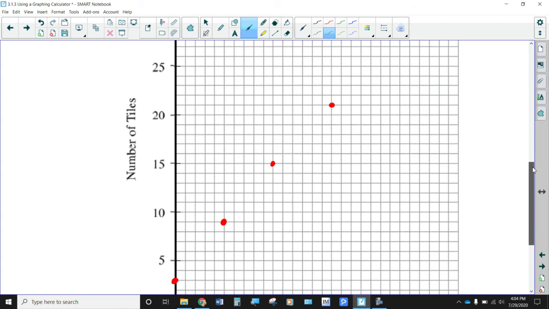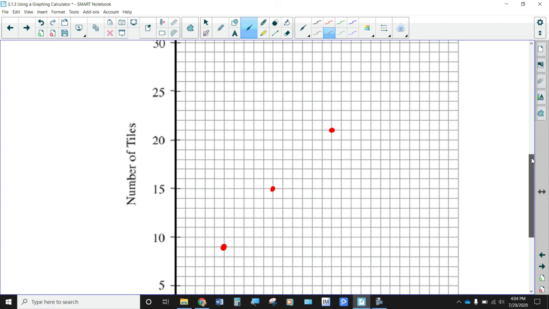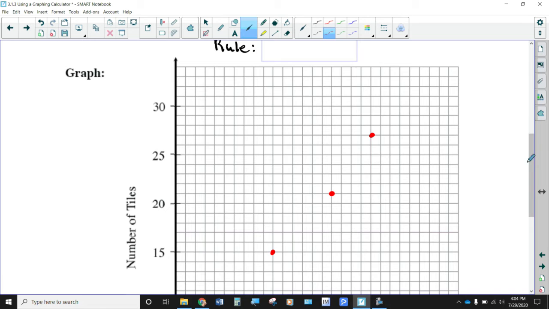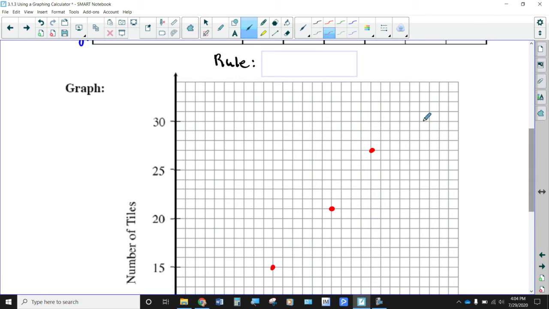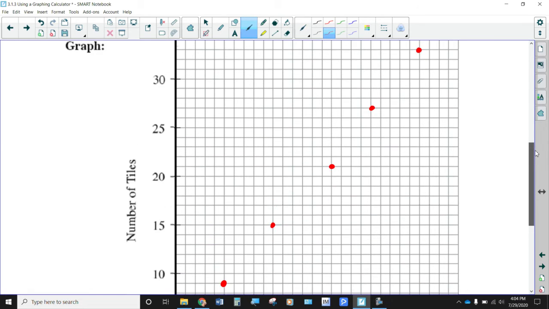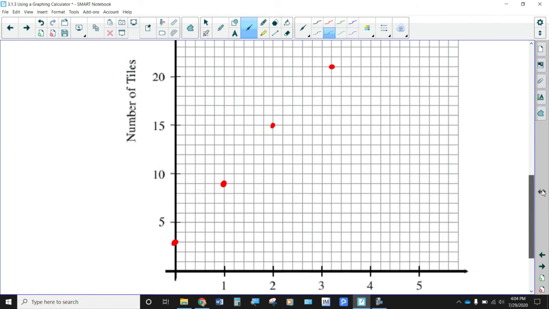Figure 4 had 27. And figure 5 had 33. Where are you, figure 5? And now let's go ahead and make sure that that's a straight line.